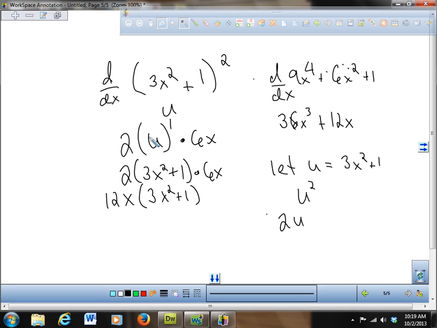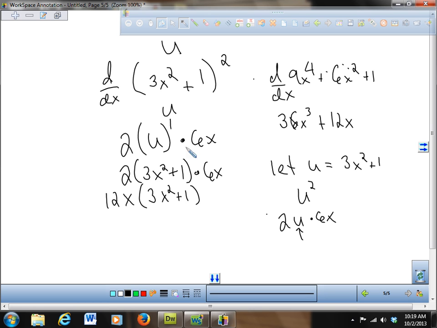It's the derivative of that outside function, which is u squared, times the derivative of the inside function, which is 6x. But I have to remember what u was: u is 3x squared plus 1. You get good at doing this without saying what u is. You have to think in your head what u is, but you don't always have to write it down, because then it becomes more work.